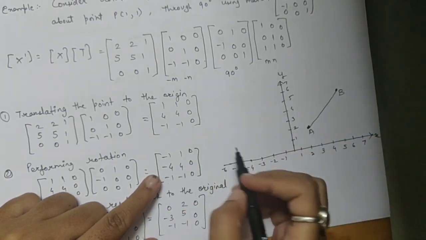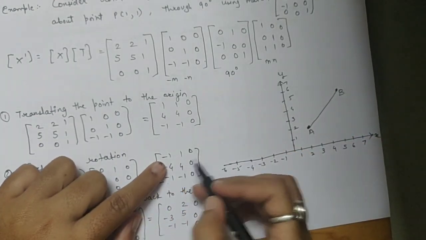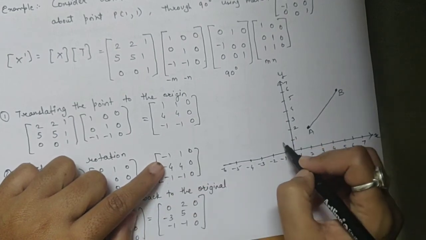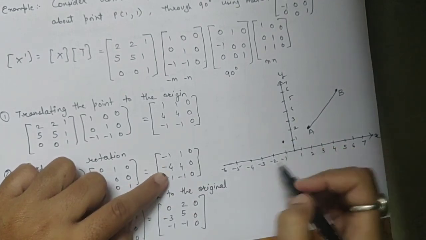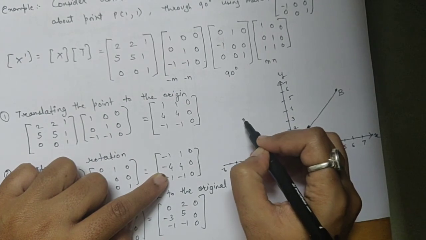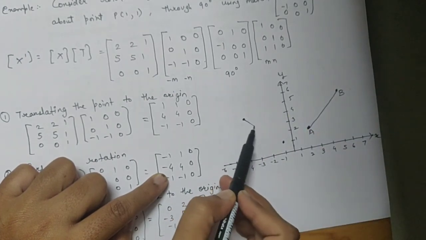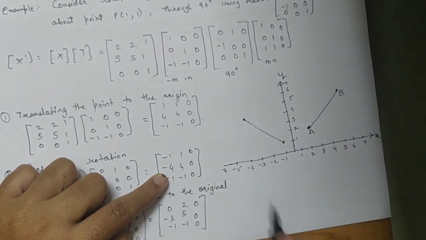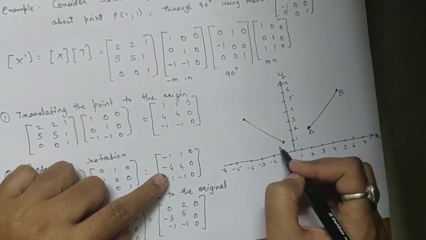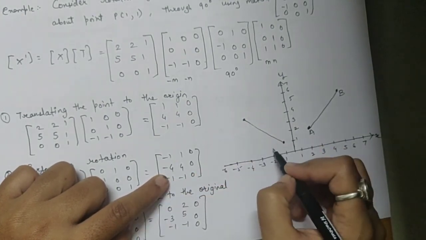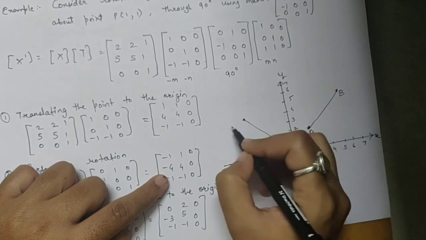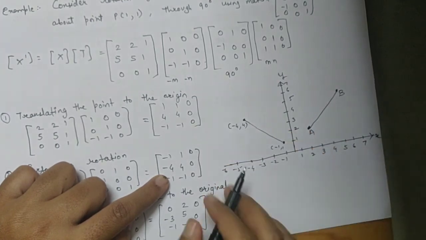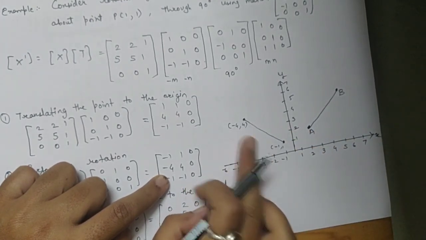Let's draw the line after rotation by considering these points. Minus 1, 1 is somewhere here, and minus 4, 4 is somewhere here. This is my line after the rotation.